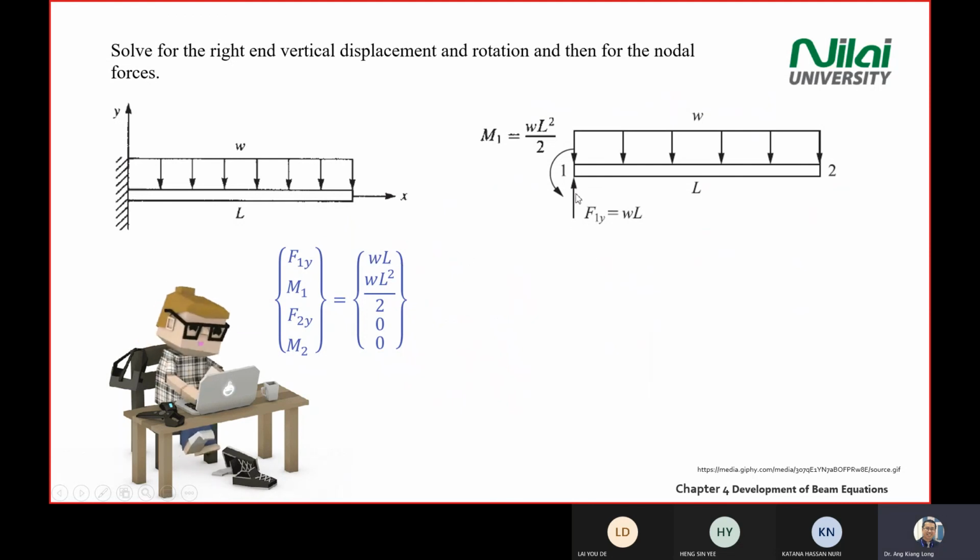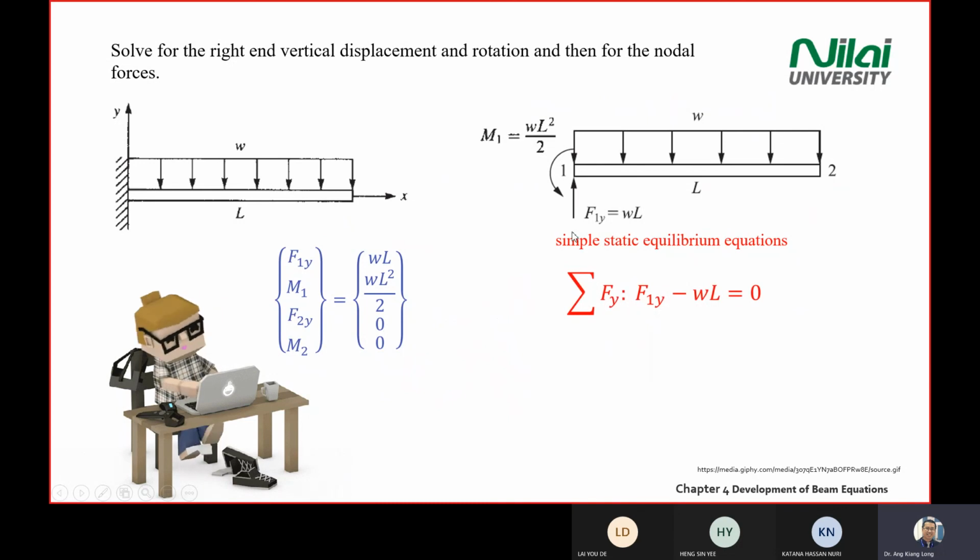So you draw a vertical y direction force, F1y equal to WL. And then M1 equal to WL squared divided by 2, positive also, and positive is an anti-clockwise direction. So you just put in what you find there.